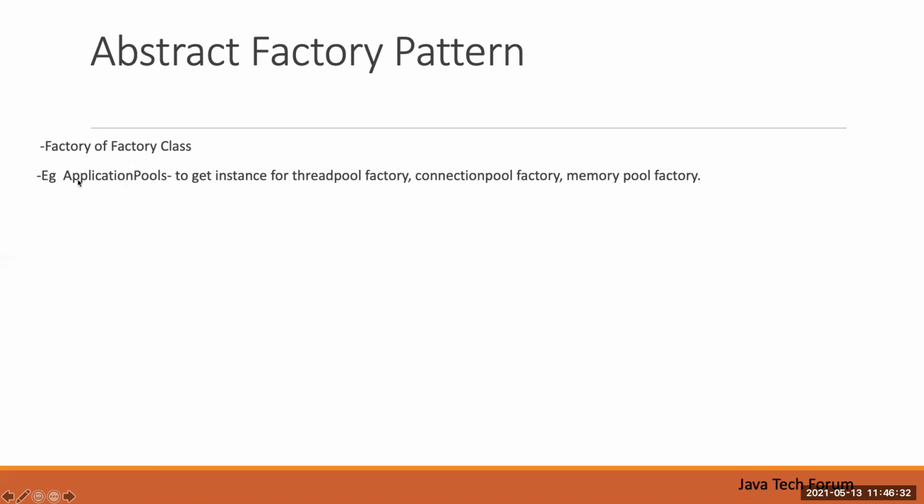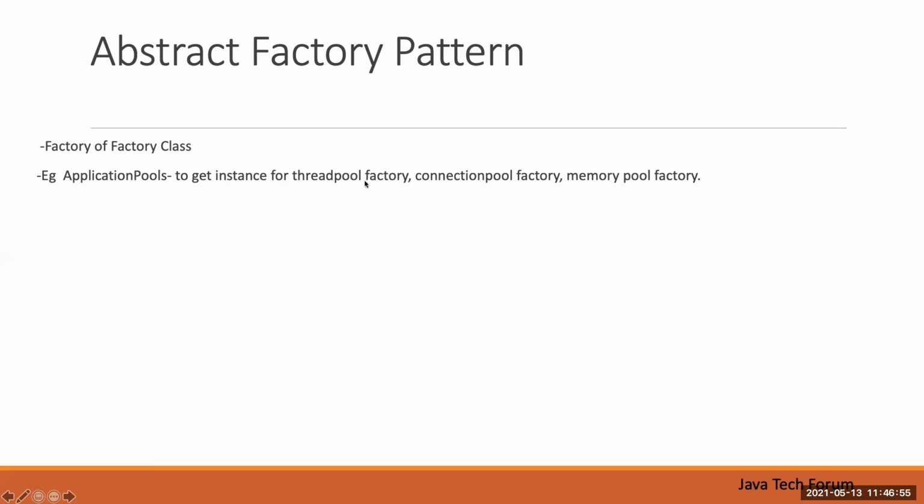In this example, the application pool is an abstract factory class. I can use the application pool to get the instance of any kind of pool, like a thread pool, connection pool, or memory pool, based on our requirement.